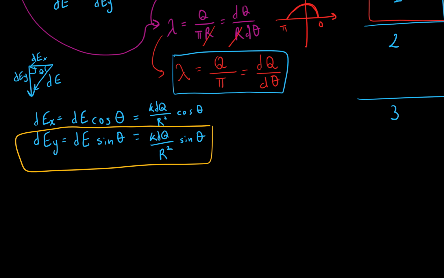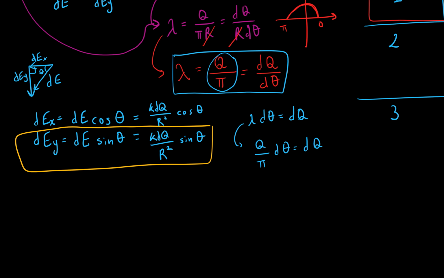So one thing I can write is lambda d theta is equal to dq. And that's fine, but what about lambda? Well, I can still go further with this. Lambda is basically this, q over pi. So I can say q over pi times d theta is equal to dq.